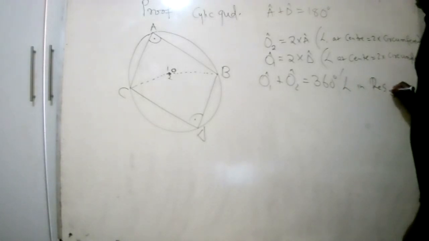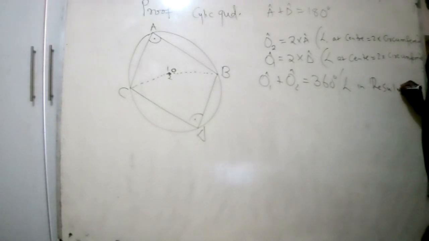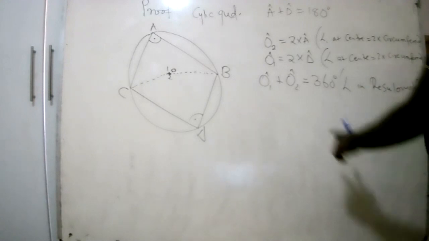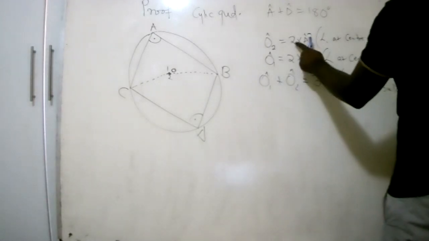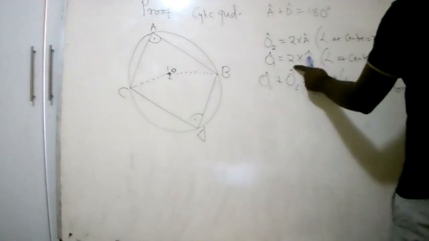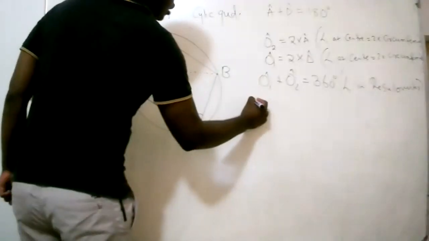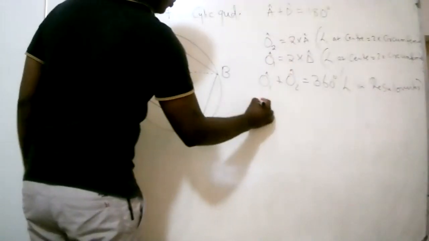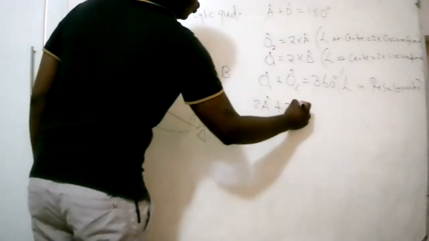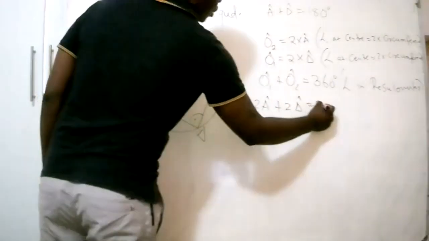So where we have O1, we're going to substitute 2A, and where we have O2, we're going to substitute 2D. Let's substitute and see what we obtain. We get 2A plus 2D, and this must be equal to 360 degrees.